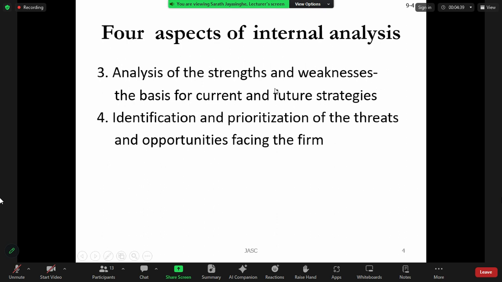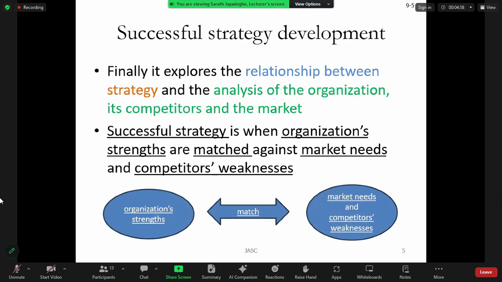Right? Thinking about future strategies, we have to understand current strengths and weaknesses. Then identification and prioritization of the threats and opportunities facing the company. If you look at this one, successful strategy development, right?